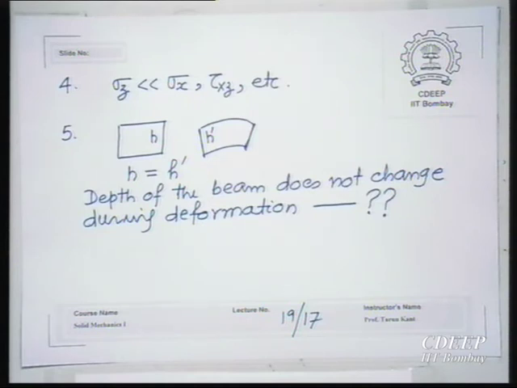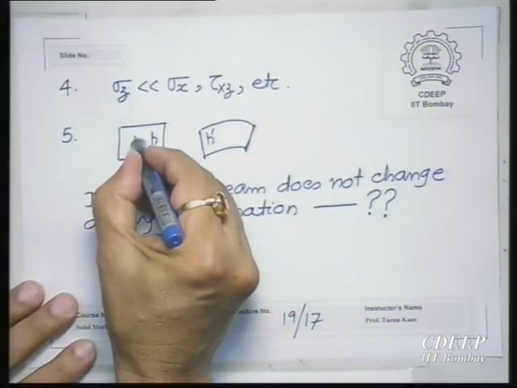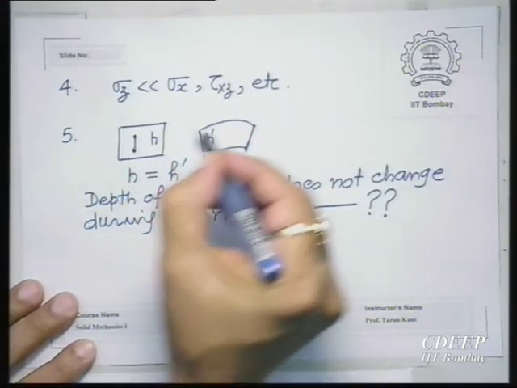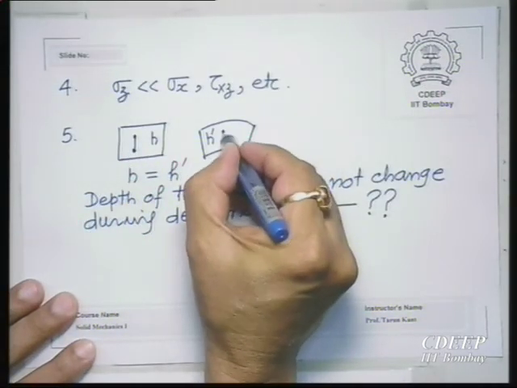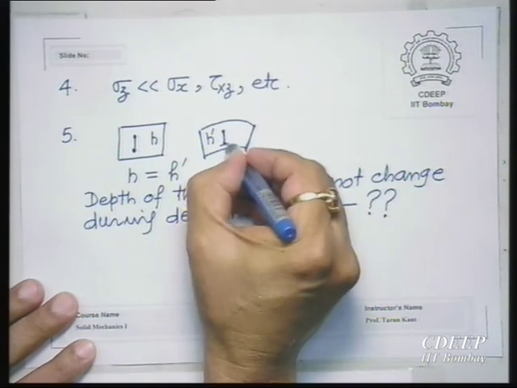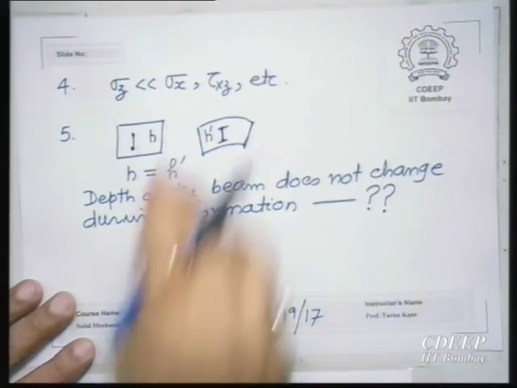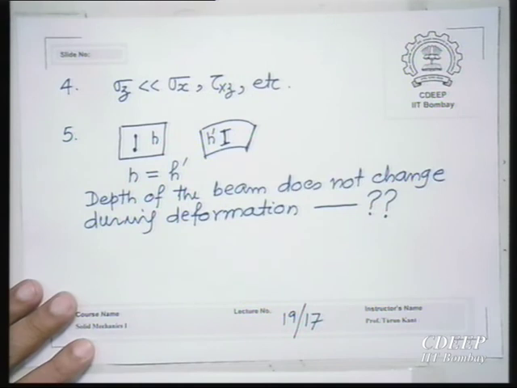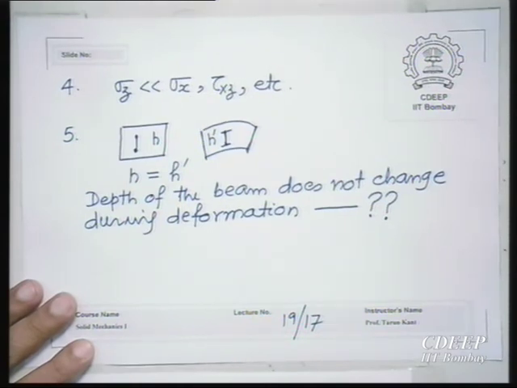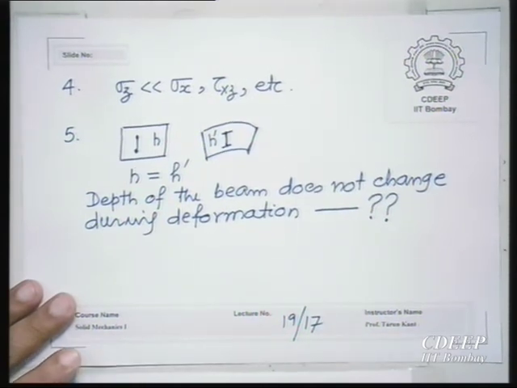So this thickness, and what is the consequence of this, by the way? What is the meaning of this? Which is responsible for keeping the depth the same? That means, if I take 2 points in the depth direction here, after deformation, if you want h dash to remain the same as h, then the distance between these 2 points should not change.